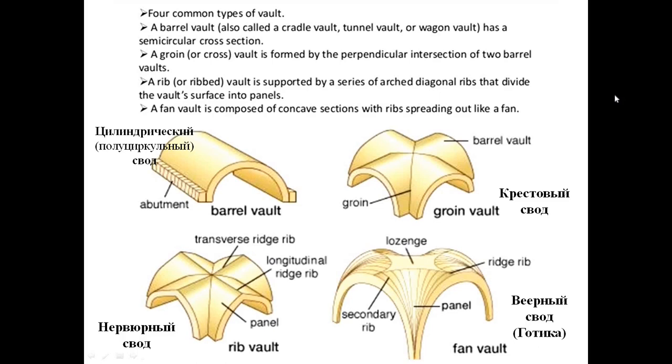All these examples you can see in the slide. These groin vaults are formed by the intersection of two arches to support the roof of the nave, and also massive piers and walls with few windows to contain the extremely forceful outward thrust of the arched walls.